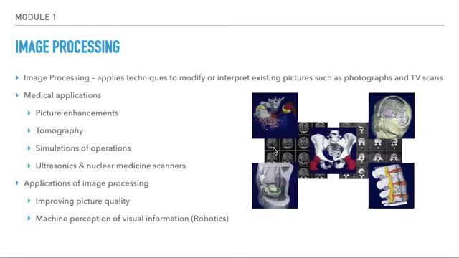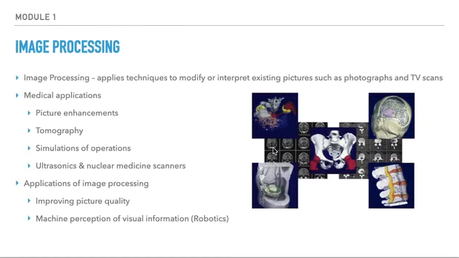Then image processing. Okay, we have already seen visualization. In visualization, you use image processing techniques along with the visualization techniques to develop scientific or business visualizations. Image processing applies techniques to modify or interpret existing pictures such as photographs and TV scans.